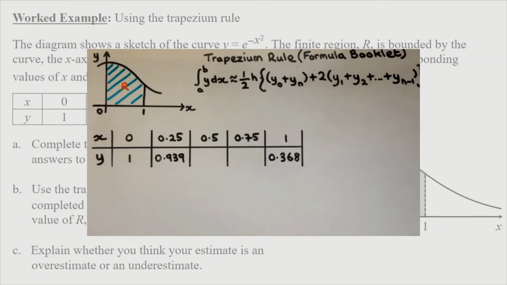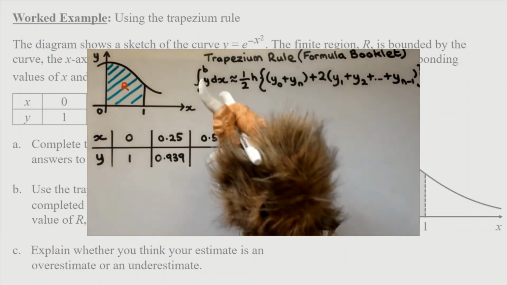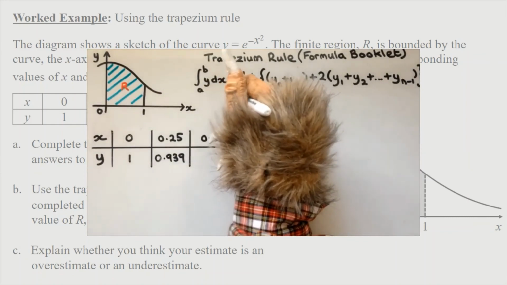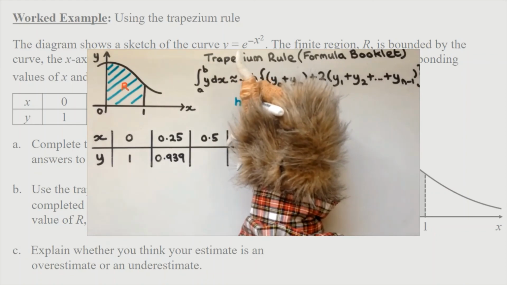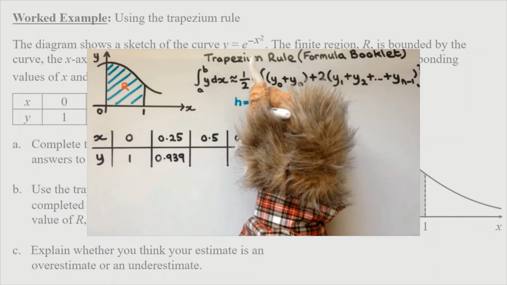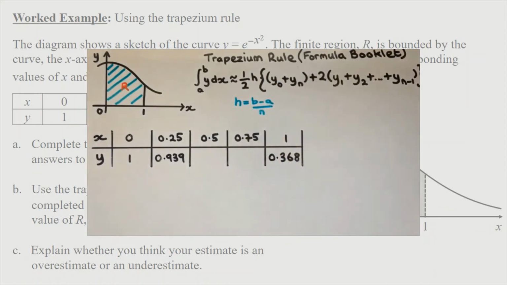And one thing I also need to mention is it will also tell you how to find h. So there's no need to remember that either. So you're also told that h is equal to b minus a over n, which n, remember, is the number of trapezia that you're using.